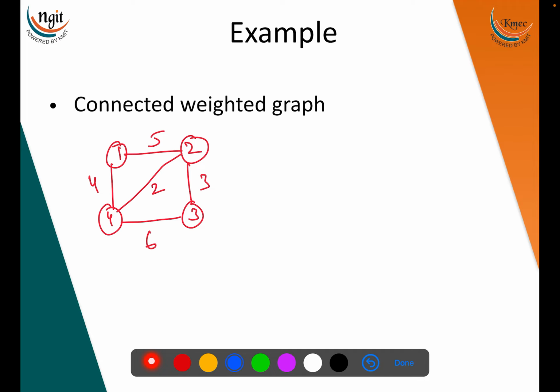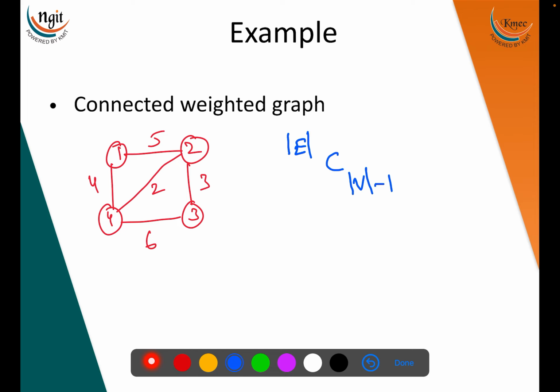The question will be something like this: you will be given a graph and asked to find the number of feasible spanning trees from the graph. Then the formula is what? Number of edges combination V minus 1. This is the formula.